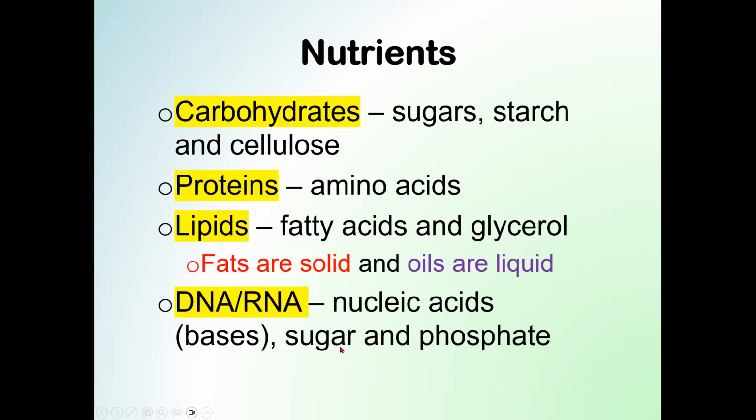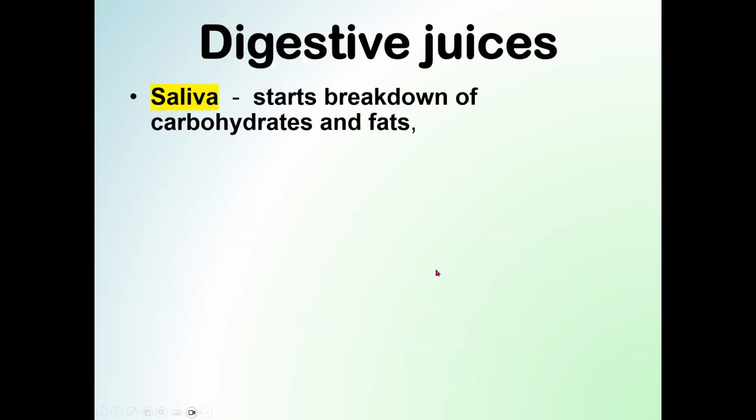But if you have a look at what they're made up of, like we have amino acids, we have nucleic acids, just a different shape, and they're called the bases. They're sugars, and there's phosphate. And without that phosphate, we would have absolutely no energy. Remember, ATP is very important, but I didn't mention it today, but we have before.